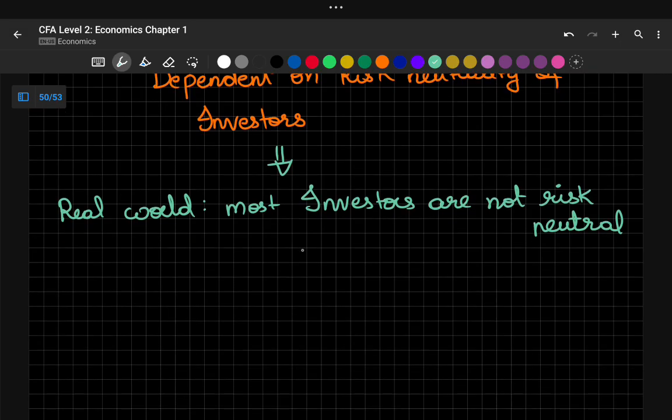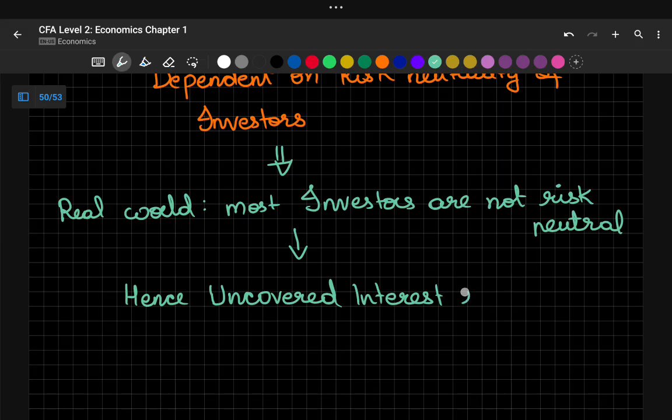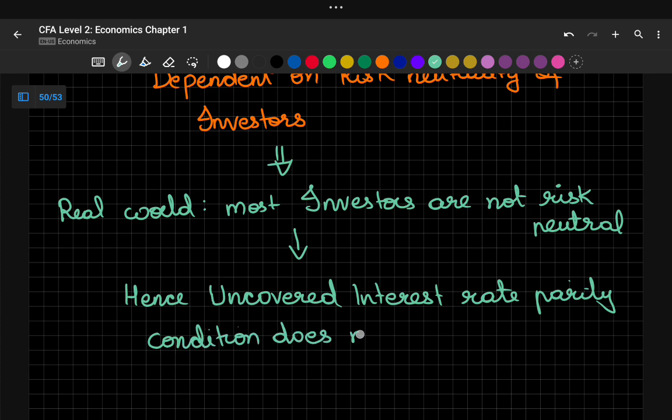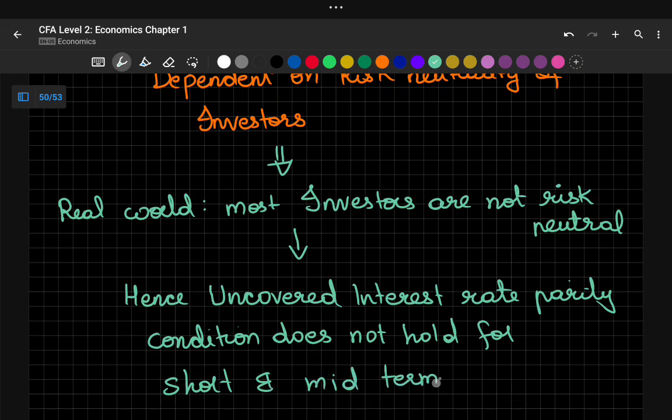Hence, the uncovered interest rate parity condition does not hold for short and mid-term duration.